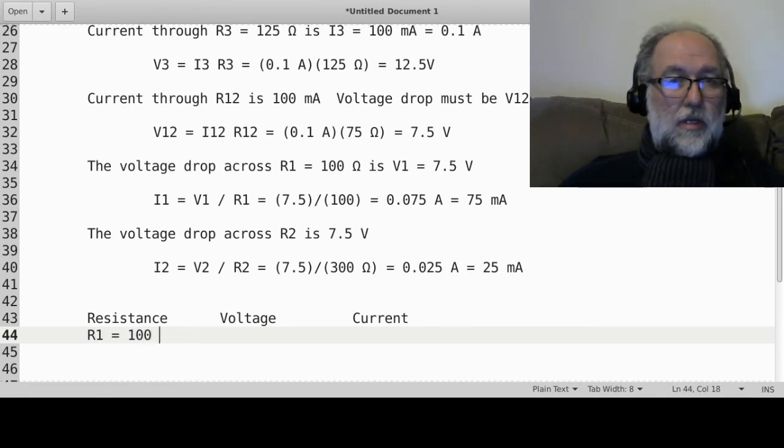And so R1 was 100 ohms. Let me just, whoops, what did I do here? Oh no, I can't seem to switch back to my window. I have a very strange situation.